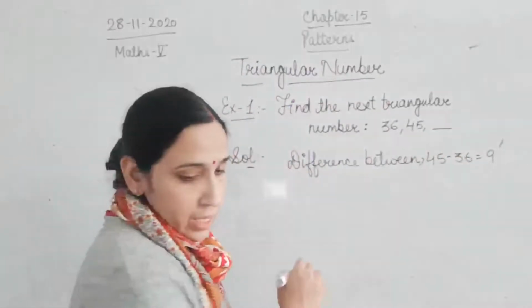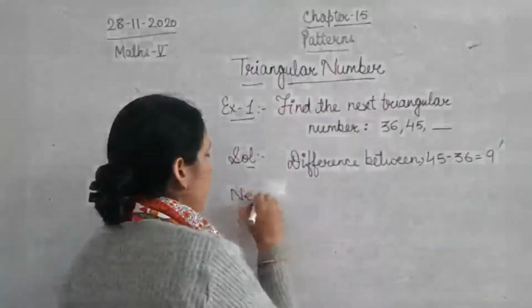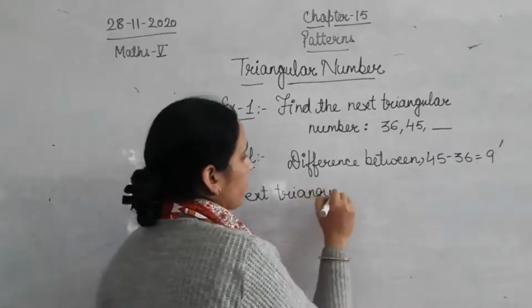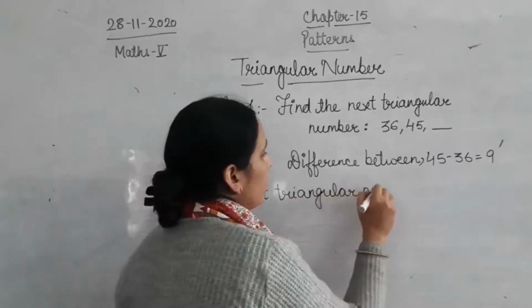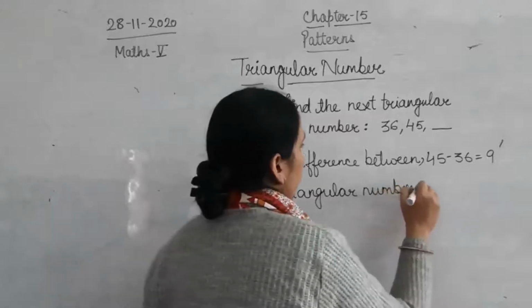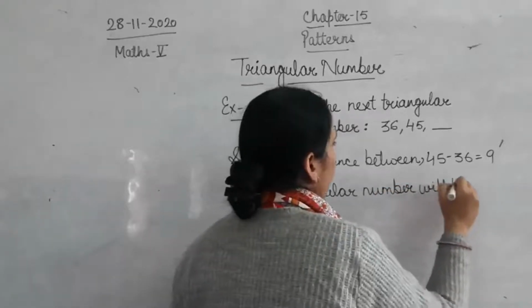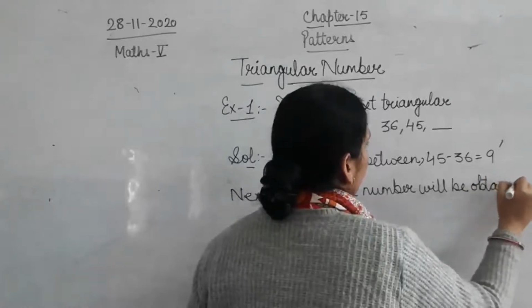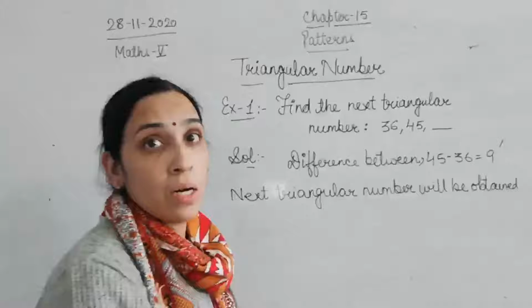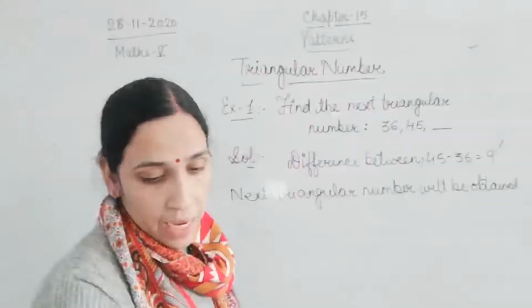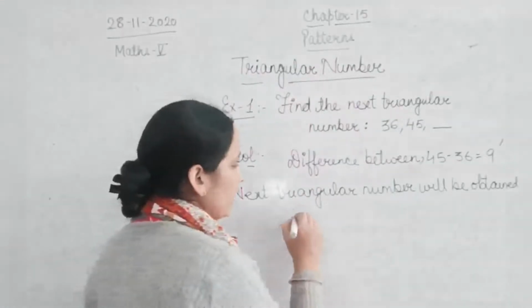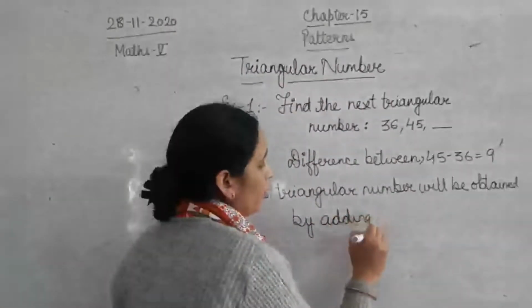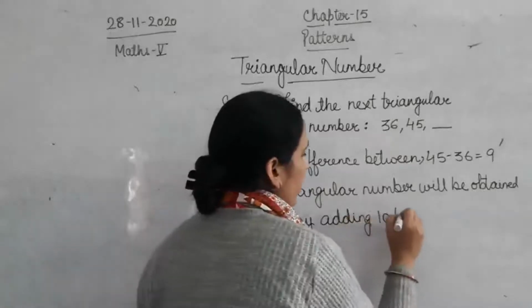The next triangular number will be obtained by adding 10 to 45.